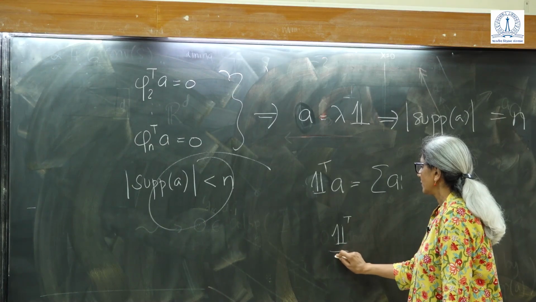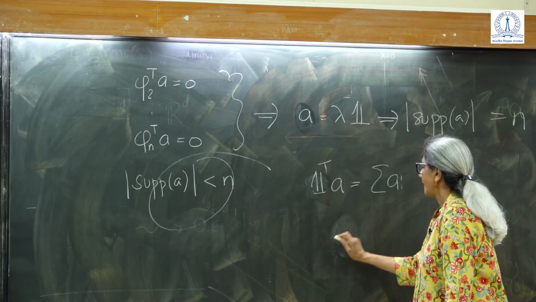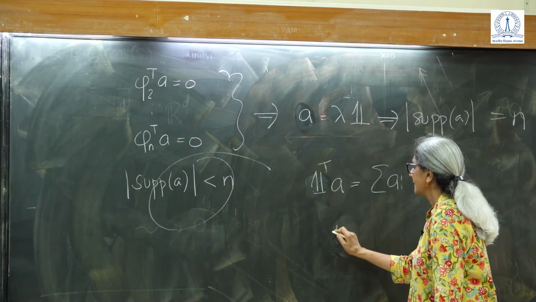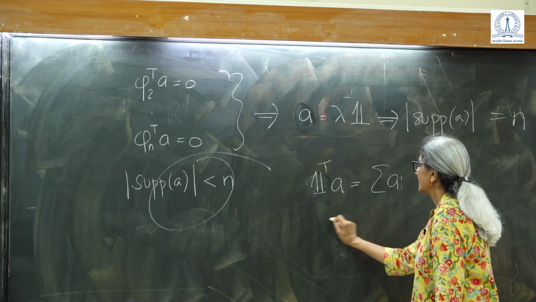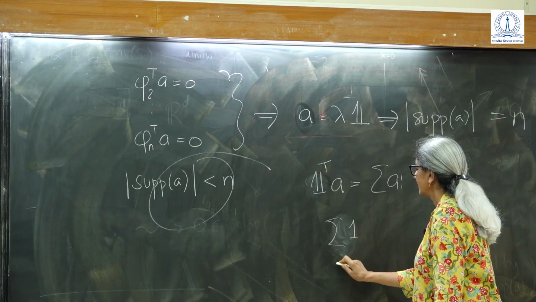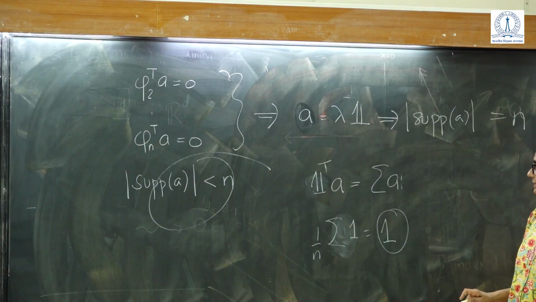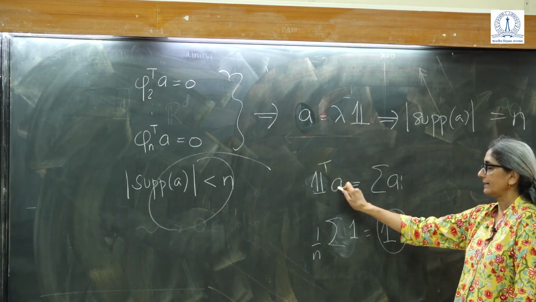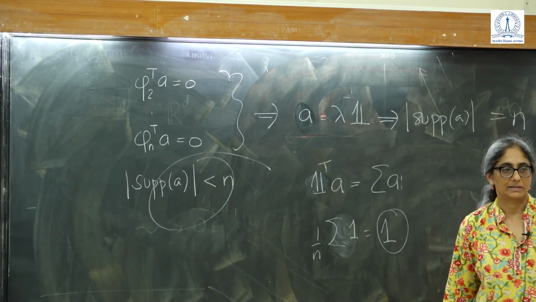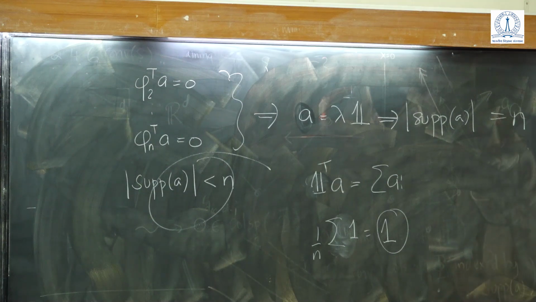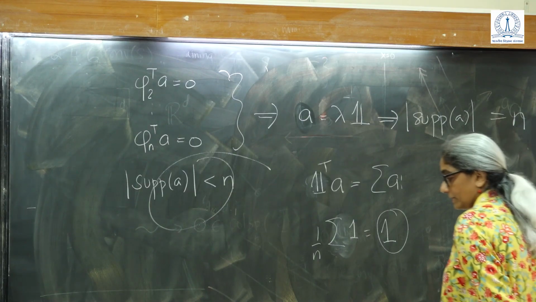The average of the all ones is 1 divided by n times n, which is 1. So all we need to do is scale the A to make it work. So everything can average 1, so we don't need to worry about the all ones. And nothing can average everything, unless it's the whole set.